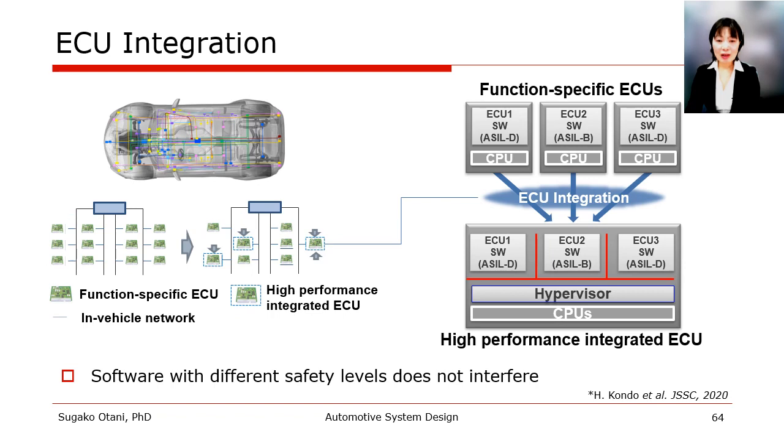Many functions have to be squeezed into one MCU. The integration of ECUs also mixes software components with varying safety integrity levels in one LSI. Resource isolation is inevitable for functional safety to prevent software interference.